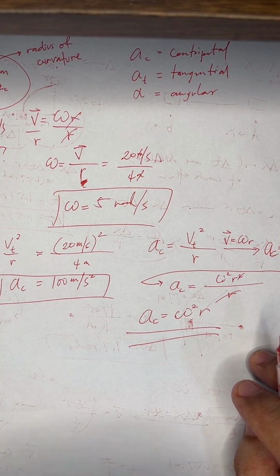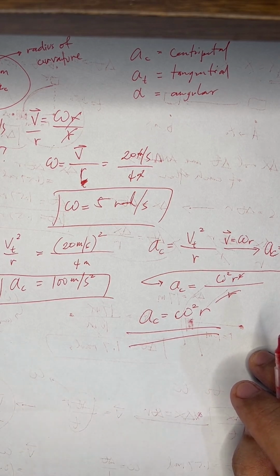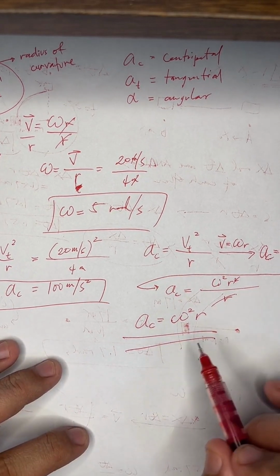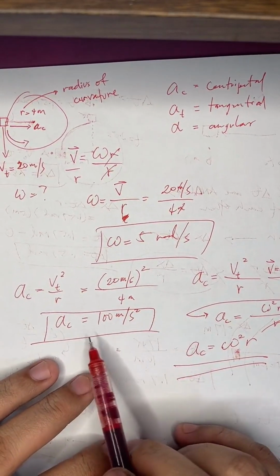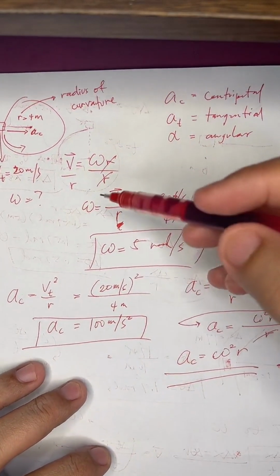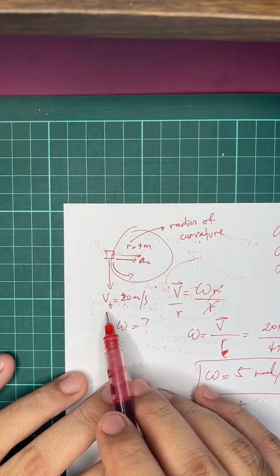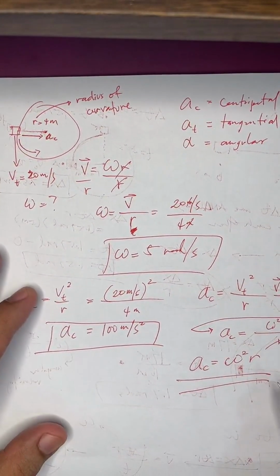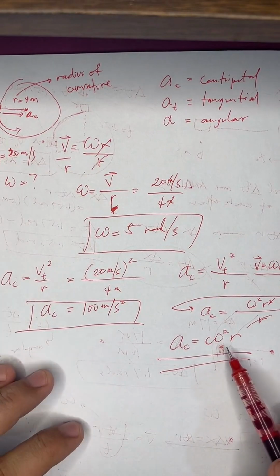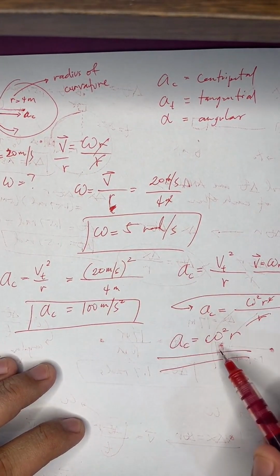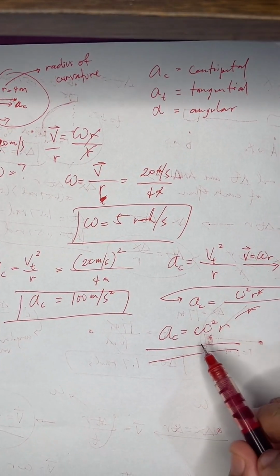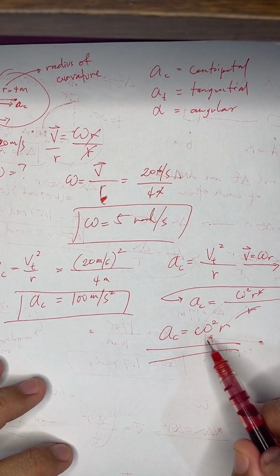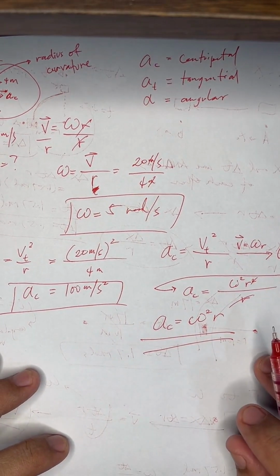Let me correct myself. What I meant was instead of using tangential velocity, you can actually make use of the omega or angular velocity to calculate the centripetal acceleration. That's what I meant.